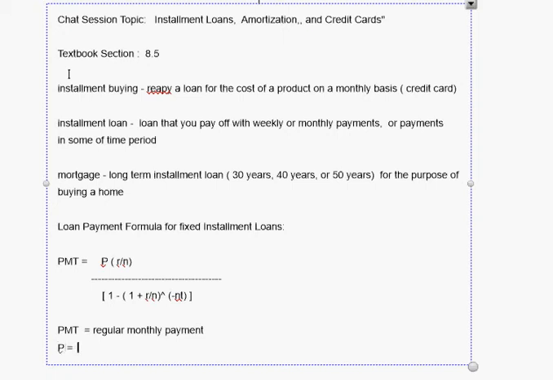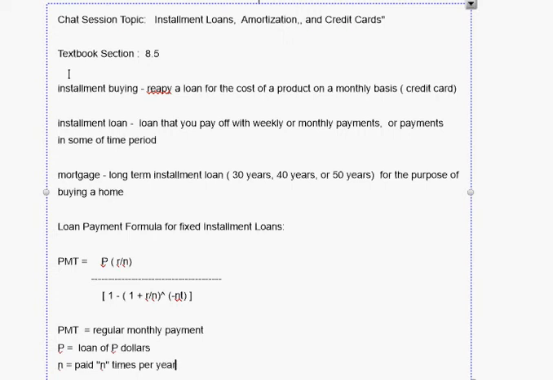The P is the loan of P dollars and is paid n times per year. T is number of years. And R is annual interest rate as a decimal.